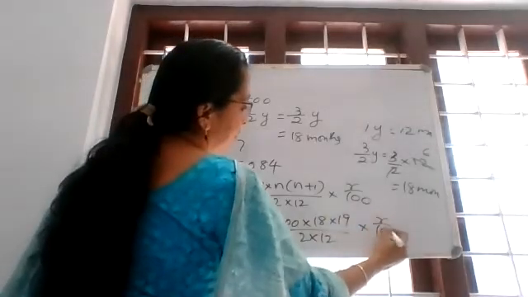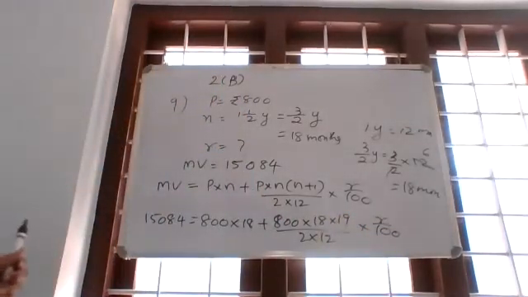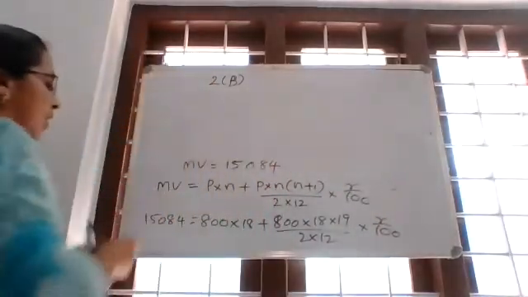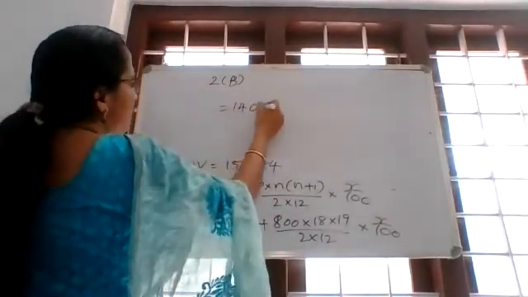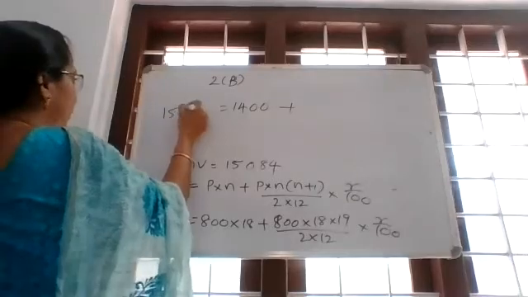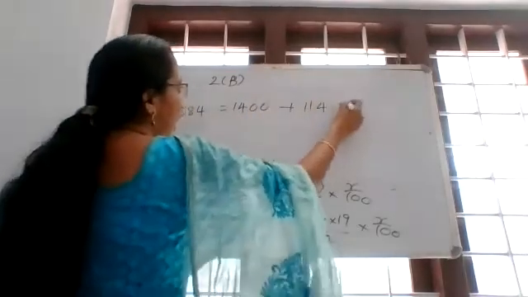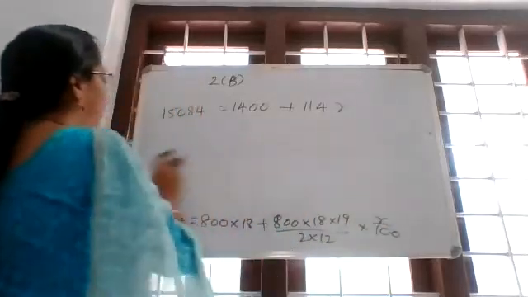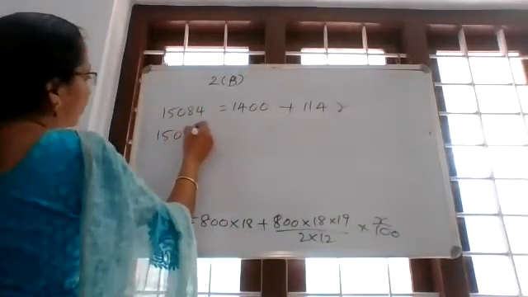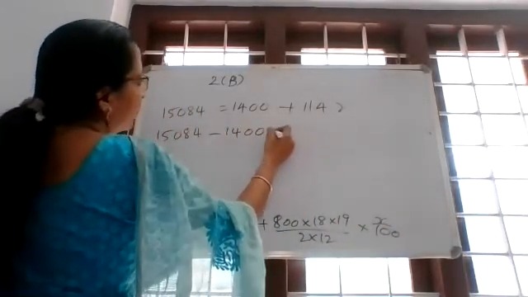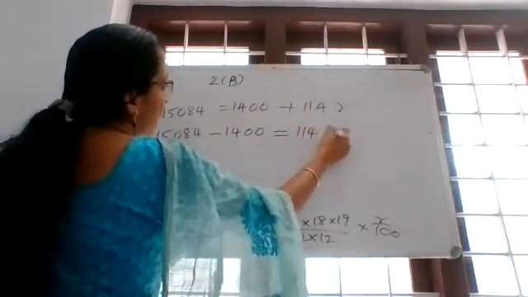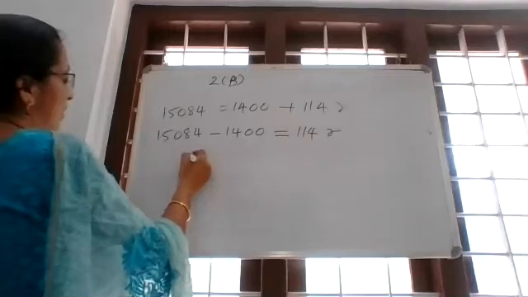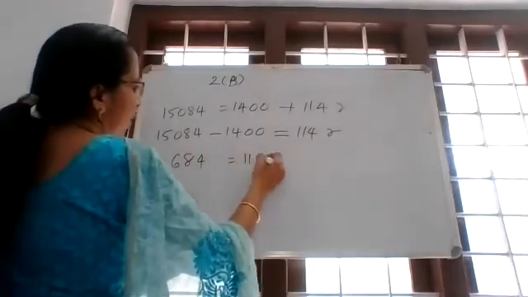So 15084 is equal to 14400 plus 114 R. Then 15084 minus 14400 is equal to 114 R. 684 is equal to 114 R.